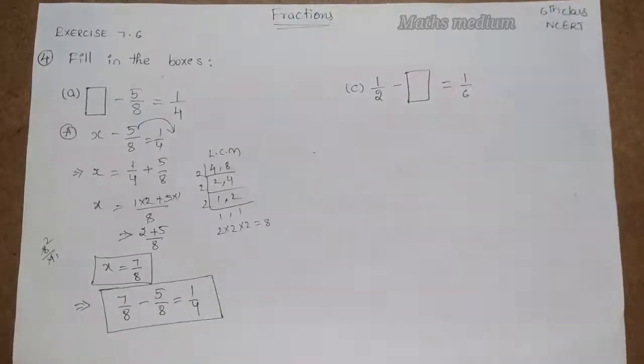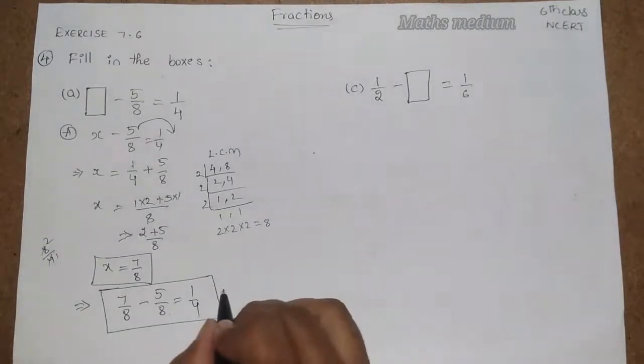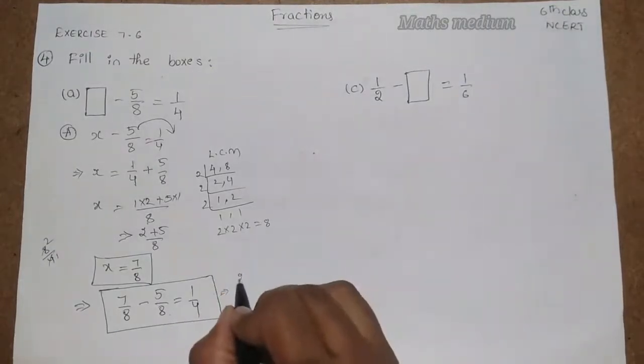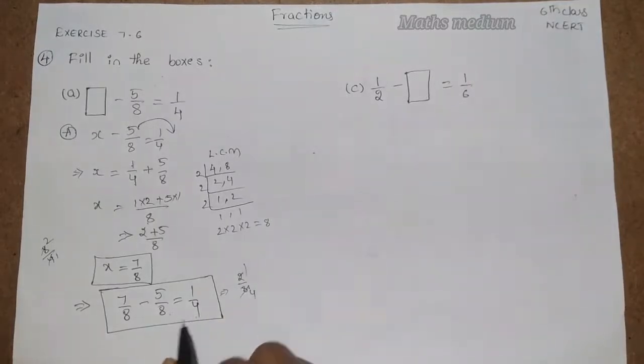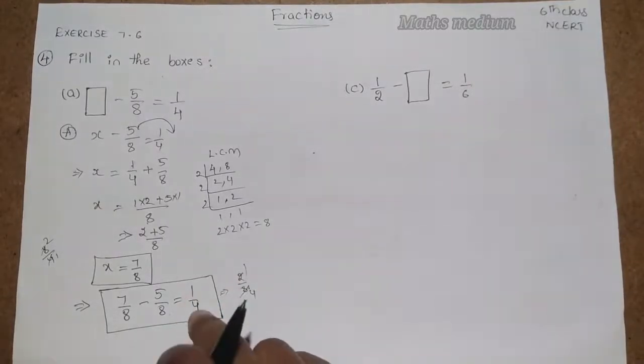From this, see here, these are like fractions. So 8 is common, but 7 minus 5 is 2. 2 by 8, see here, this is just 2 by 8. So 2 ones are 2, 2 fours are 8. So that's why 1 by 4. This is the correct answer for this question.